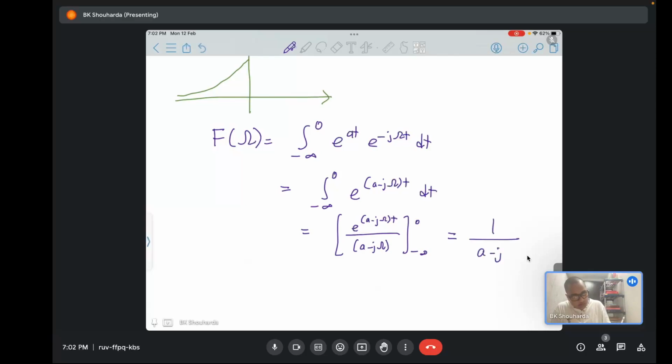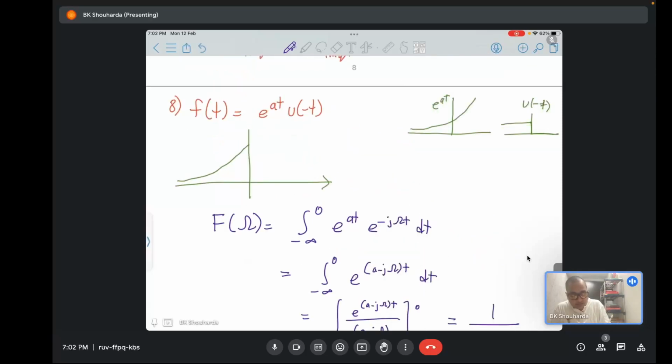What does it turn out to be? 1 upon a minus j omega. I will discuss about this phase spectrum.